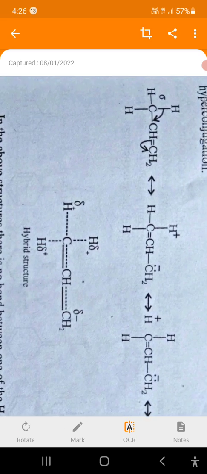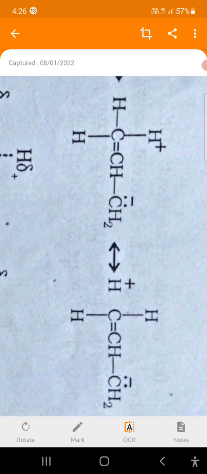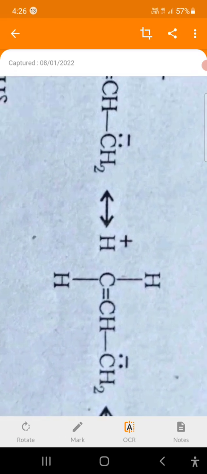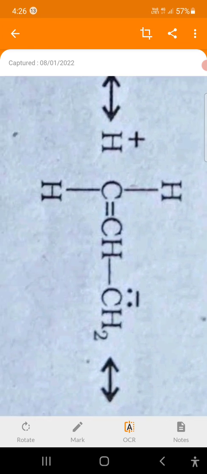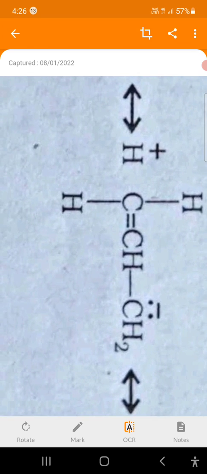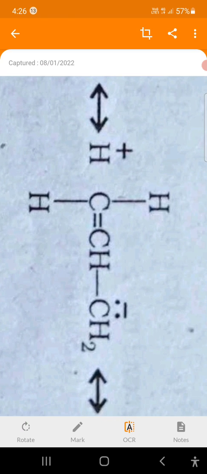Then there is a question: the hydrogen which is empty here is non-bonded, only shown as H plus, with no bond between carbon and hydrogen. Then why does it not migrate to other places? Why does it remain as it is in the same place?